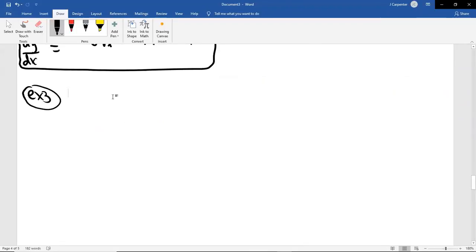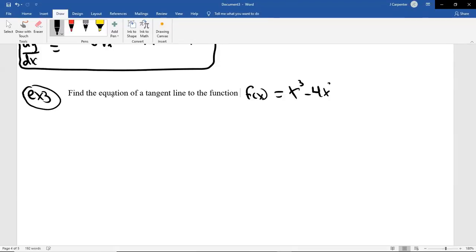So for example 3, we are going to find the equation of a tangent line to the function f of x equals, well, I don't know, x cubed minus 4x squared plus 10 at x equals 3. Find the equation of a tangent line for the function x cubed minus 4x squared plus 10 at x equals 3.